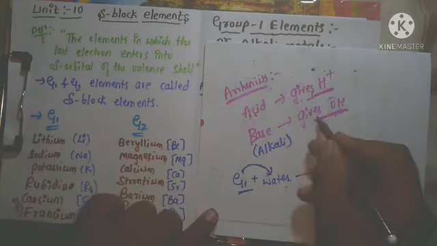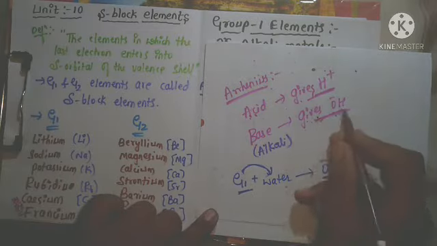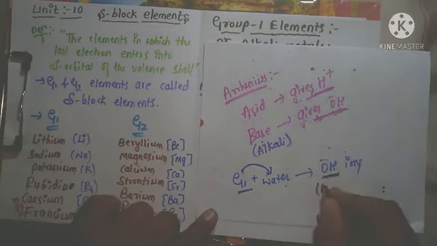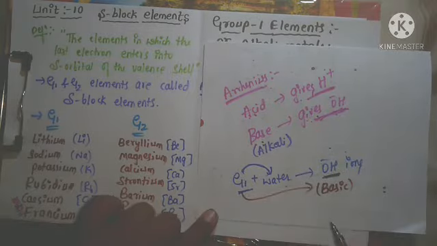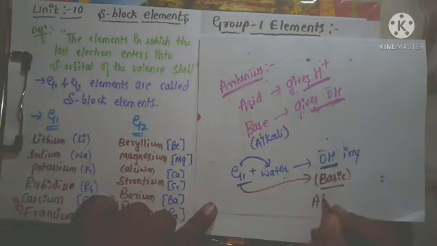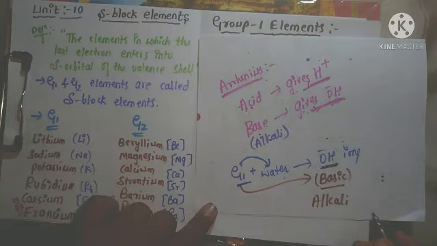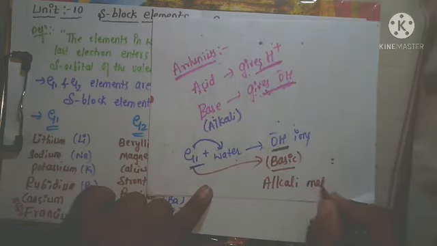When these group 1 elements are added into the water, they produce OH minus ions. The one which gives OH minus is a base. Therefore the group 1 elements are basic in nature, which means alkali, and they show the properties of metals. Therefore they are called alkali metals.